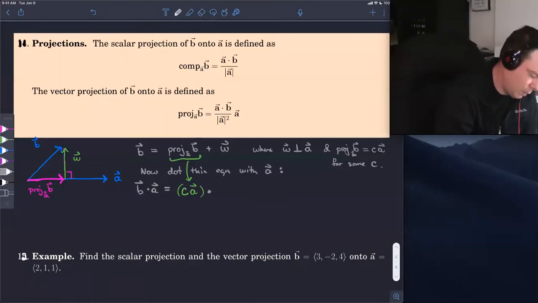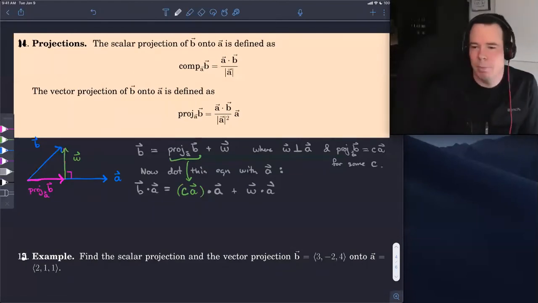I know it's in the direction of A, so it's some C times A. So I dot that with A, and then I also dot W with A.